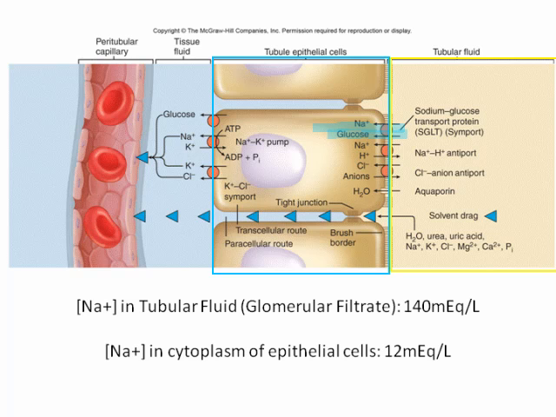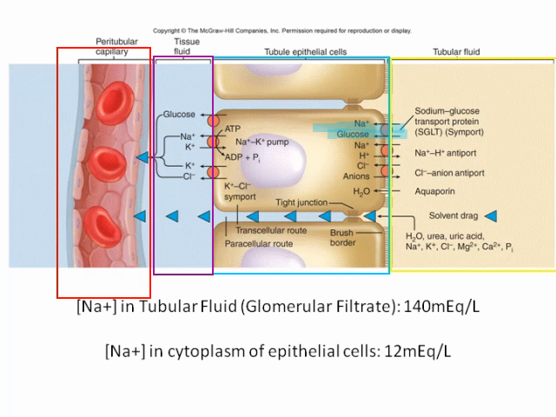The interstitial fluid is outlined here in purple, and then outlined in red would be the capillaries. And what we're looking for here is that typical movement from tubular filtrate back into potentially the peritubular capillaries.